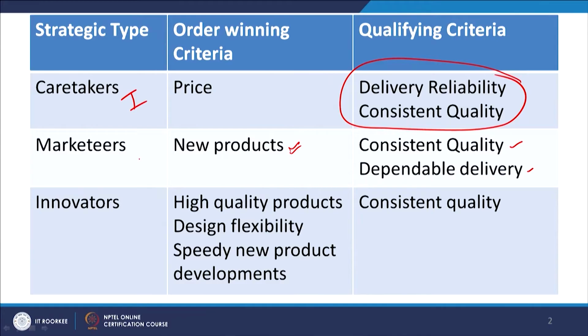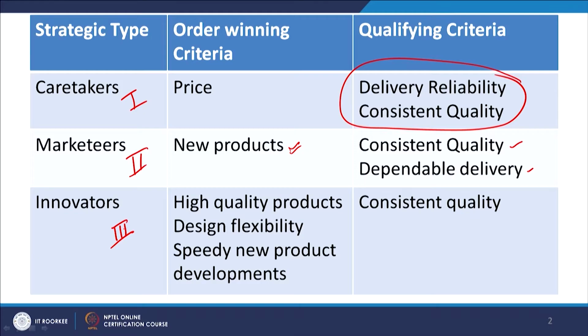The third category, first was the caretaker, second is the marketeer, and the third category is the innovators. Innovators are those types of organizations where they provide high quality products, they are able to maintain good design flexibility, and new product development.